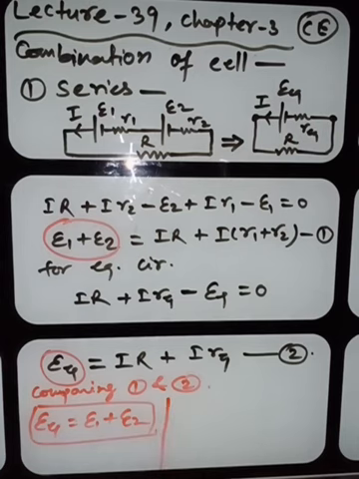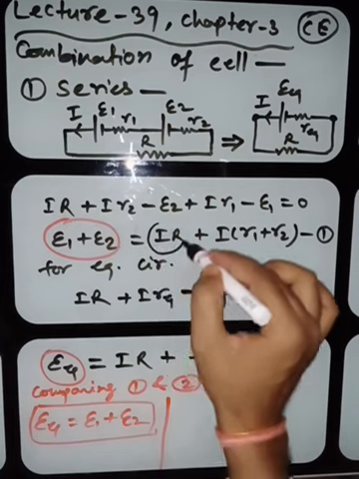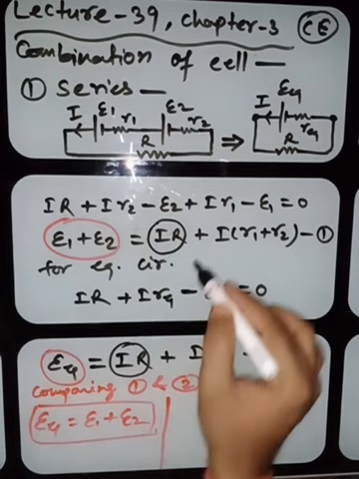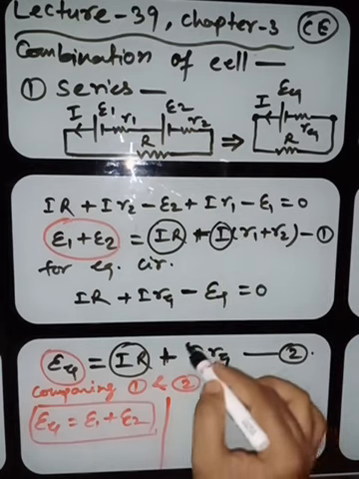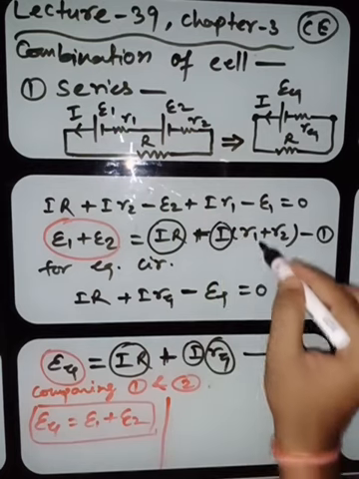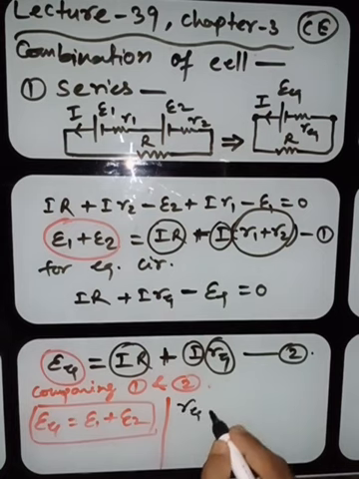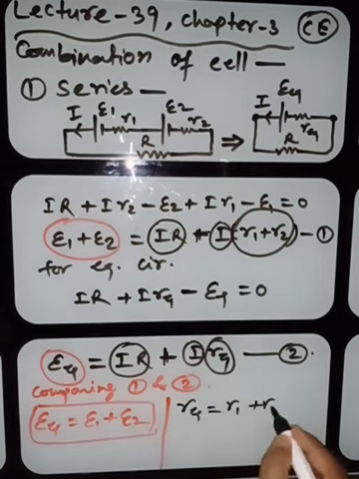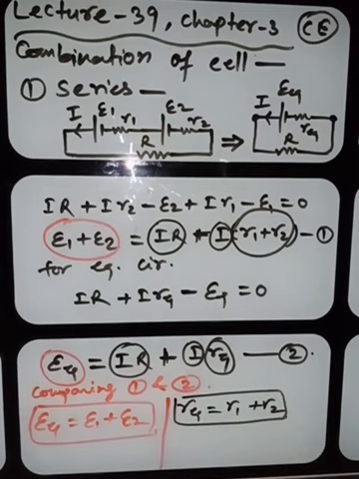Now, the second thing, if this is the terminal voltage, this is also the terminal voltage, then we have I. It means R equivalent equals R1 plus R2. Okay, so this is the equivalent in case of series combination.